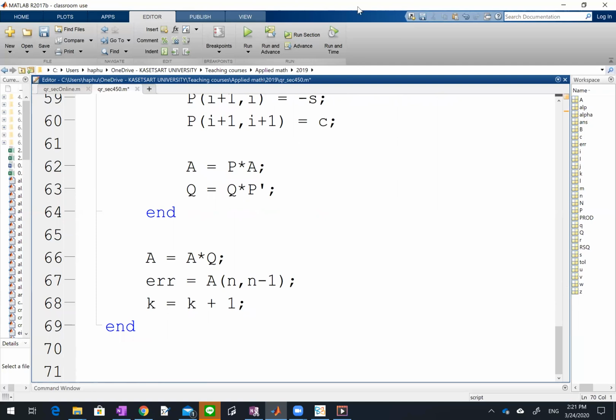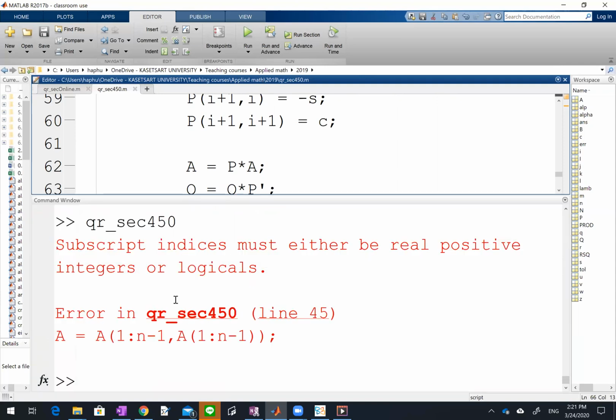Okay, so once I have my A, my R, and my Q, A equals R times Q, then compute the ERR, and then update my K. So I run it again. Let's see my A. I did something wrong.